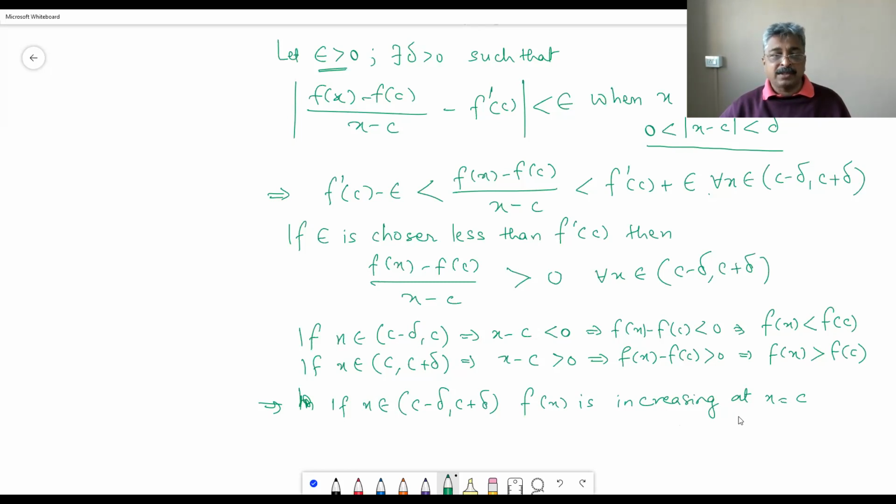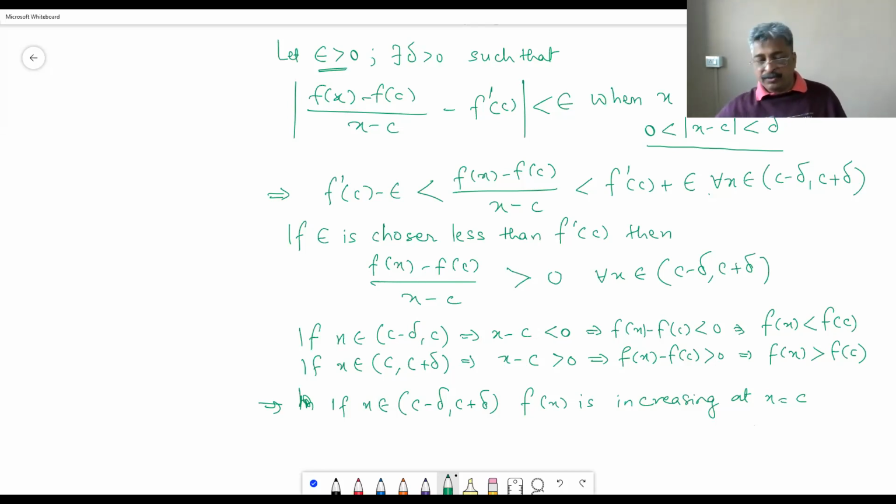If f dash of x is positive in the delta neighborhood of c, you will find the function increasing. That means if you go to the left of c, the value of the function will be less than at f of c. If you go to the right of c, the value of the function will be more than f of c, and hence we call such a function an increasing function. Okay? So that is the meaning.